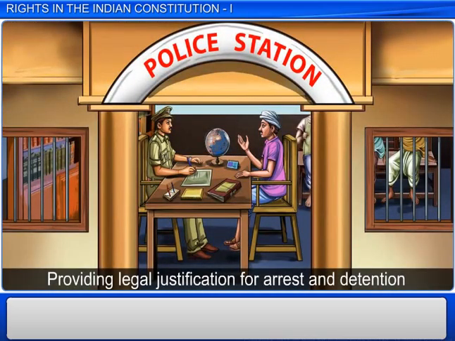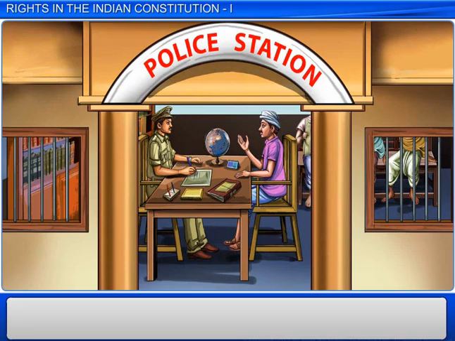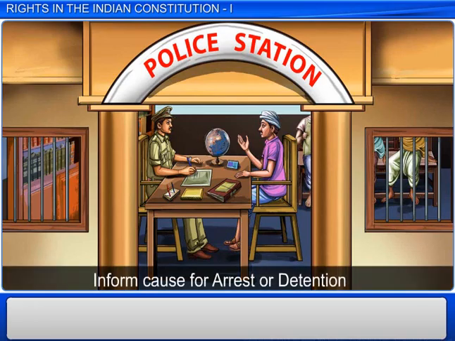No government or police official is allowed to detain or arrest anyone without sufficient legal justification. In case of detention or arrest, the Constitution mentions a procedure to be followed.